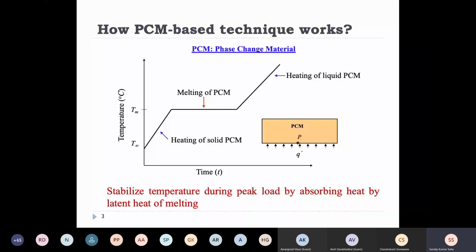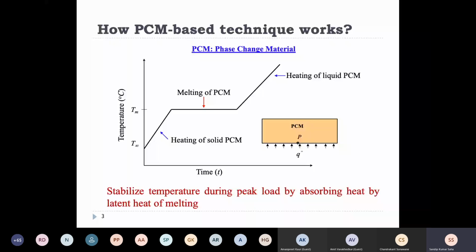So that means when I use this type of material, my prime concern is two things. One is the melting temperature, according to the application where I will use this material. Second is the latent heat, because I am only utilizing latent heat in my application, not the sensible heat.